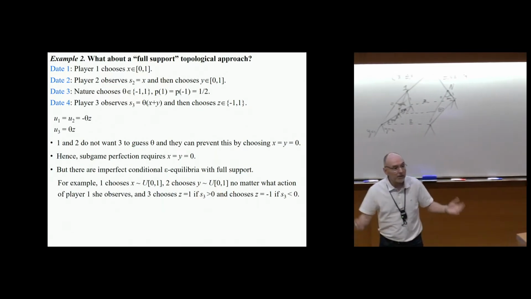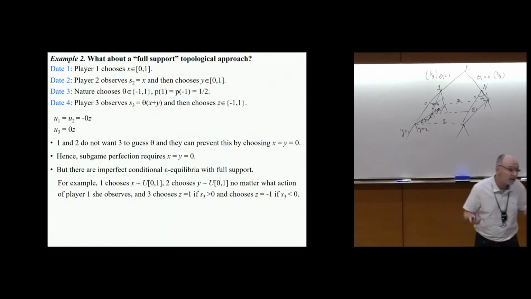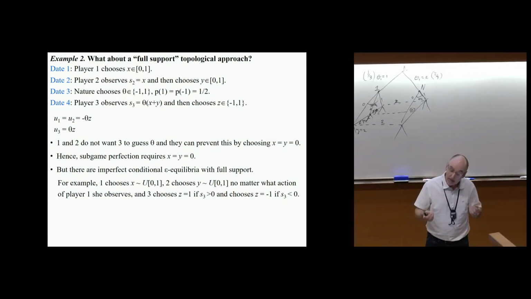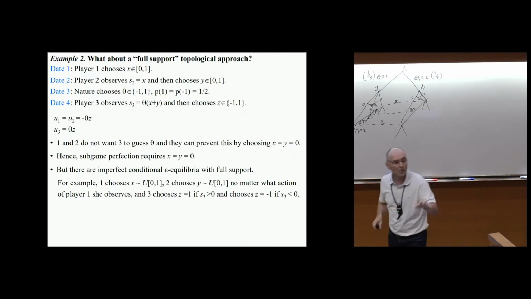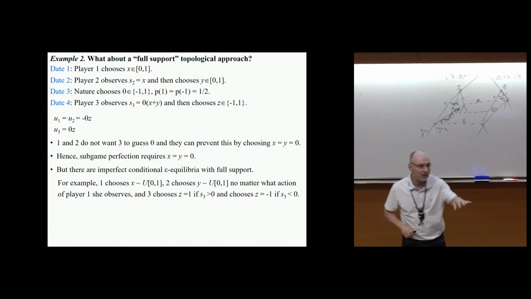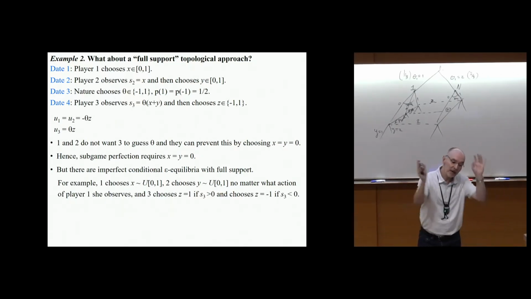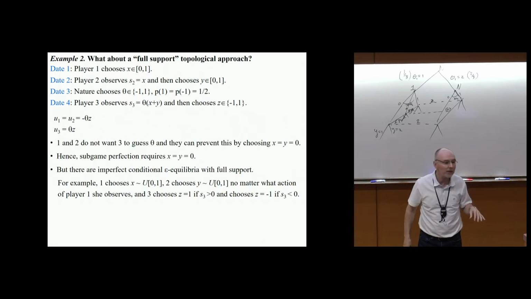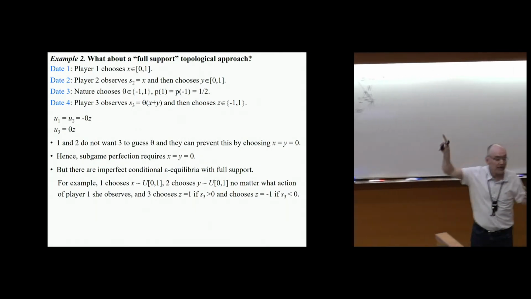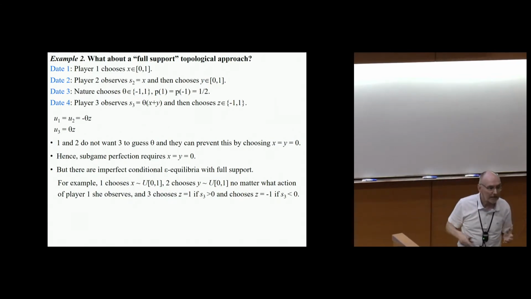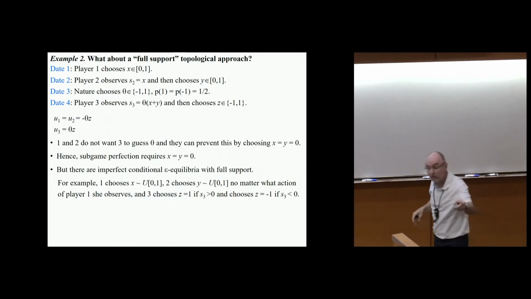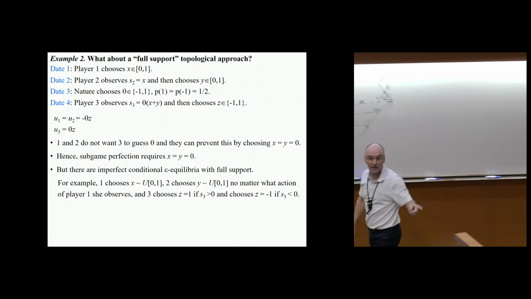I claim that this holds conditional on every open set, if that's what we mean by checking rationality in the topological approach. All that matters here is you. Notice I'm optimizing, because if I think you're choosing uniform 0, 1, no matter what you see, with probability 1 player 3 is going to be able to figure out the state, and there's nothing I can do about it. What about you? Are you optimizing conditional on every open set?